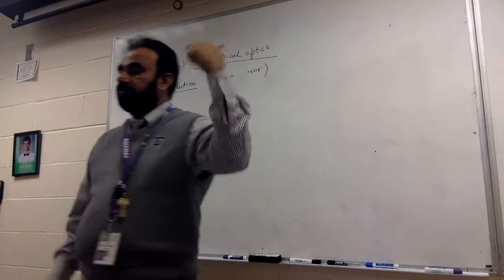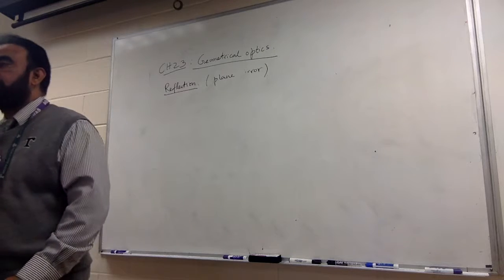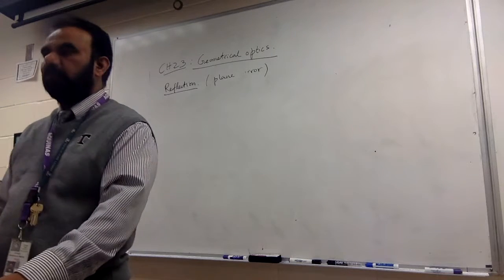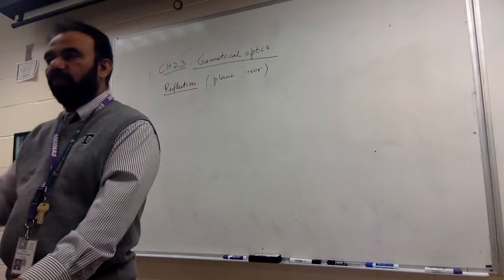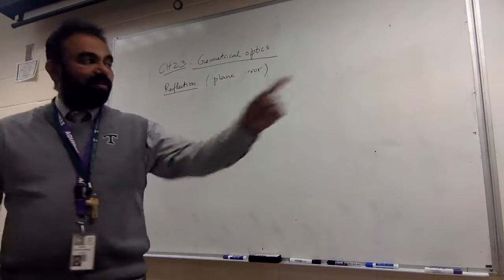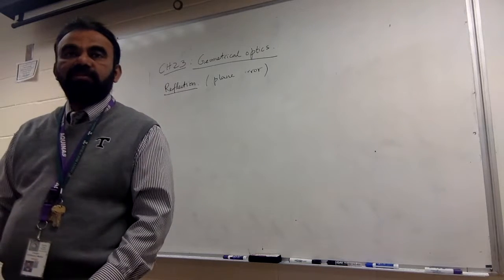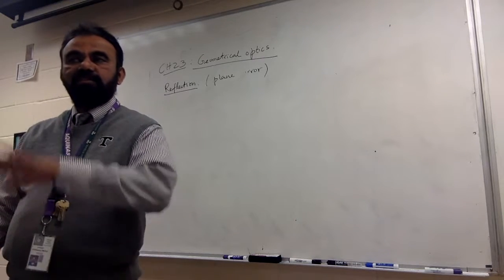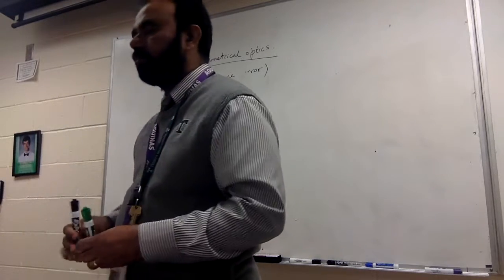In which of them are the laws of reflection obeyed? Both of them. Whether it's diffused or specular, they both obey the laws of reflection. What's happening over there is the surface is not smooth, the surface is deformed, and so the normals are deformed.